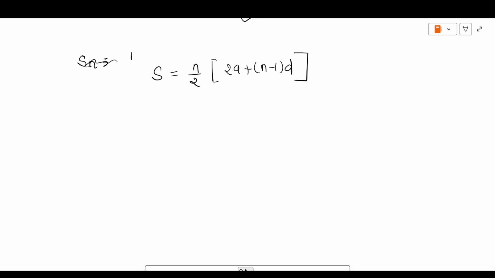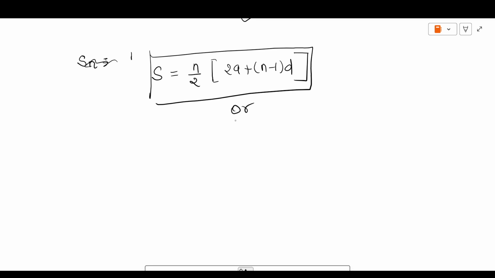Here we have the formula. In a concise way, we write the formula: Sn is equal to n by 2 (2a plus (n minus 1) into d). Here is the general formula.